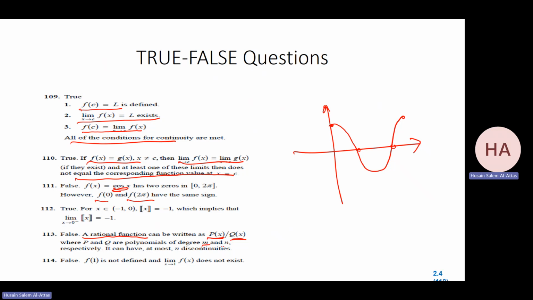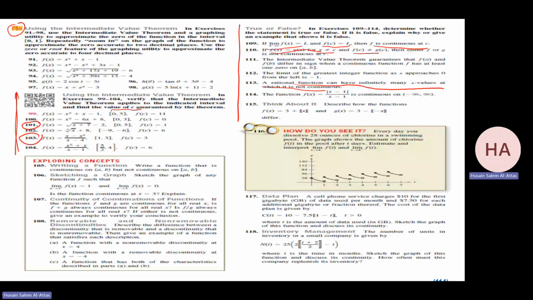Polynomials of degree m, degree n, have a finite number of zeros, so it cannot be infinite. But in general, yes; for a rational function, no. Understand? This is because in the denominator, we have a polynomial. Rational function means polynomial over polynomial.